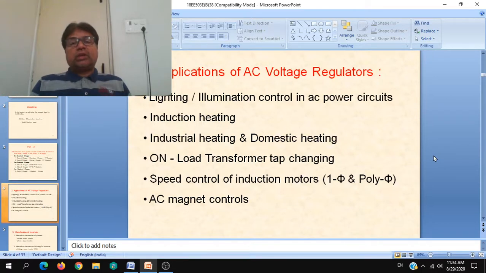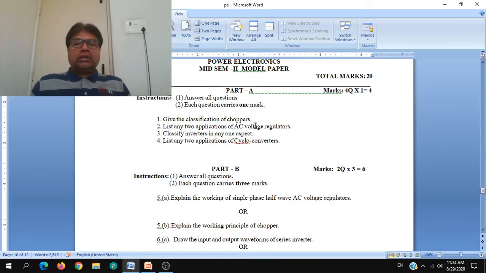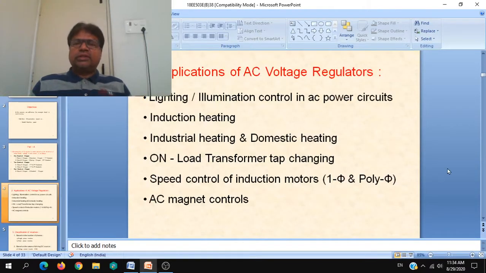Next question is, you are asked to write the applications of AC voltage regulators. Any 2 applications. You are asked to write only 2 applications, so from the listed applications, you can write any application you want. AC magnet controls, that is just by controlling the input voltage to the magnetic coil, obviously magnetic flux will be varied and magnetic strength will be varied.